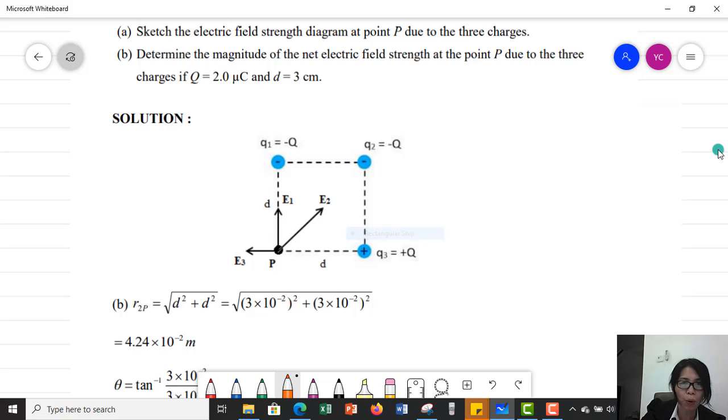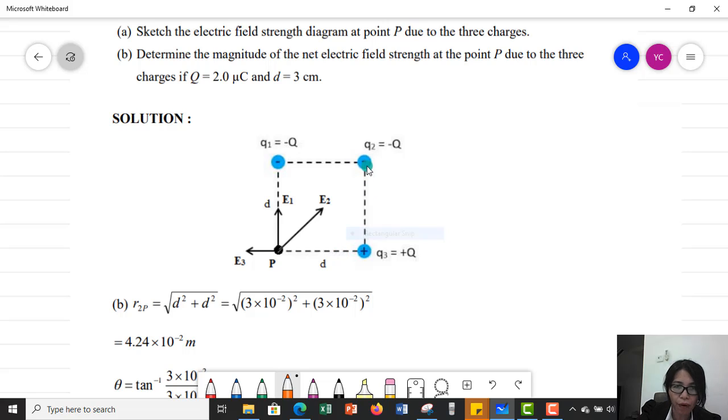Since D is 3 cm, I know that the distance of point P from charge Q1 is 3 cm. Then the distance of point P from charge Q3 is also 3 cm.